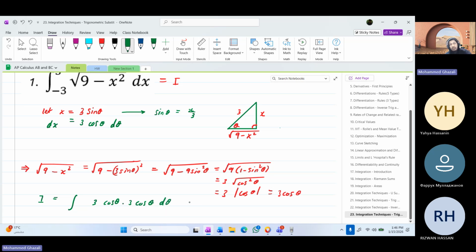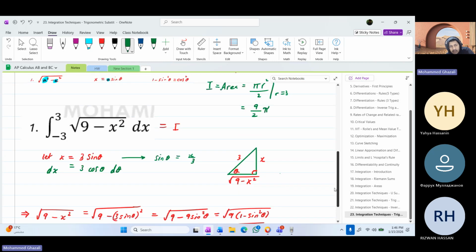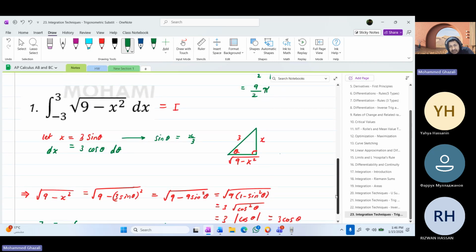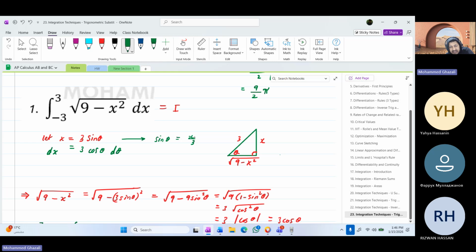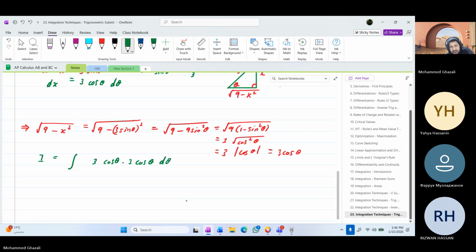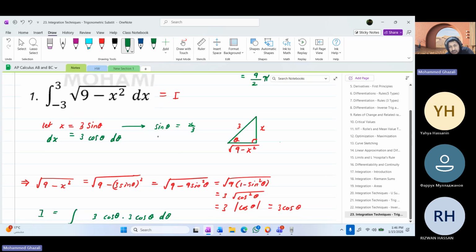Okay. Now we have a problem because we need to know, from -3 to 3, right? So if x is -3, what is the theta value here?